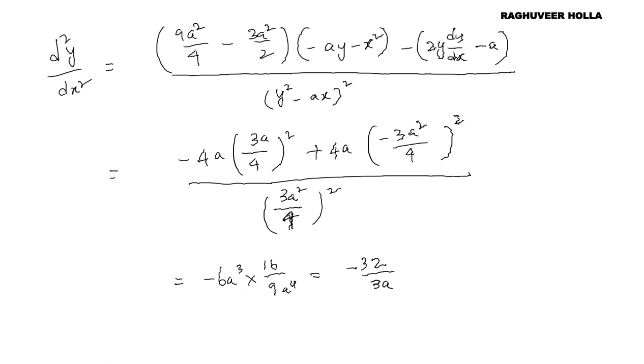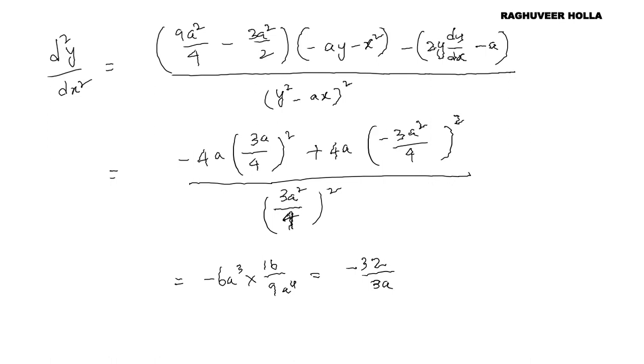Now we got both the results, dy by dx and d square y by dx square. We have to show the curvature at the point 3a by 2 comma 3a by 2 on the curve.